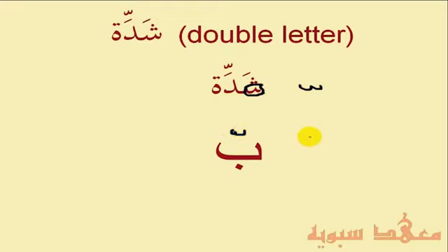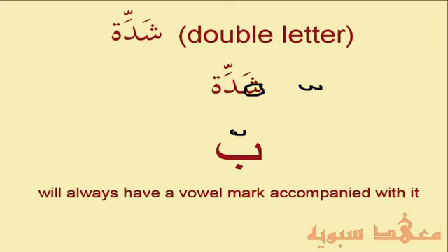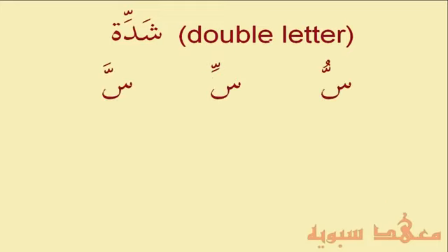So if we want to double this letter, what we do is we add the shadda. Now, a point to note is that the shadda will always have a vowel mark accompanied with it: either the fatha, the dhamma, or the kasra. So, for example, we have here three seens with a shadda and the three different harakat.